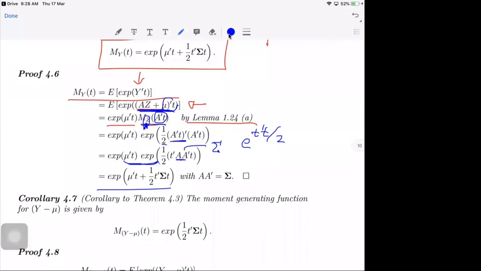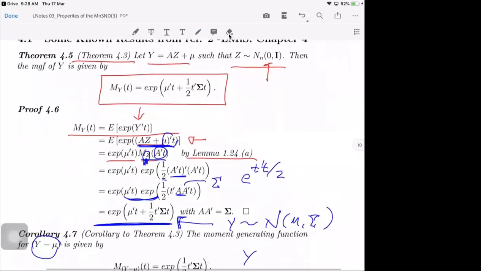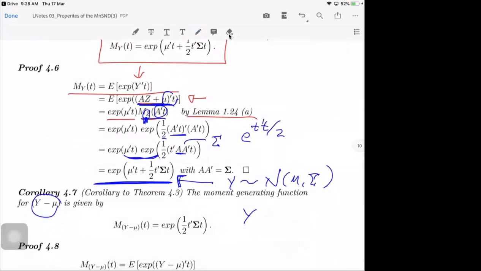So we see from this moment generating function that y is still normal, no? But the parameters now will be mu and sigma because this moment generating function is unique for a normal distribution. And then a transformation of your y. So your y is what?